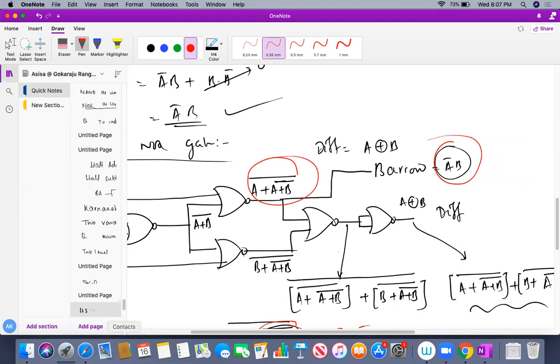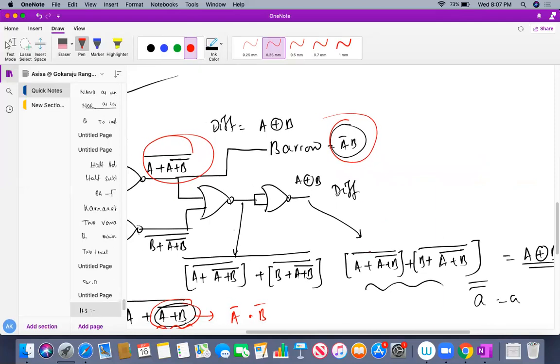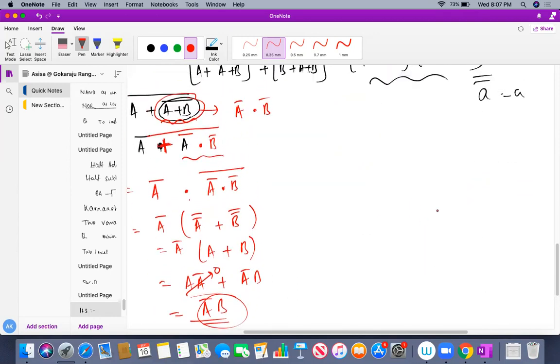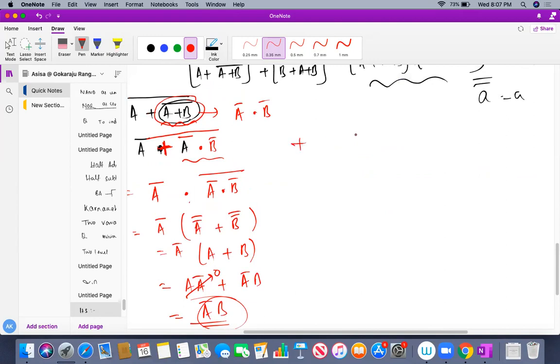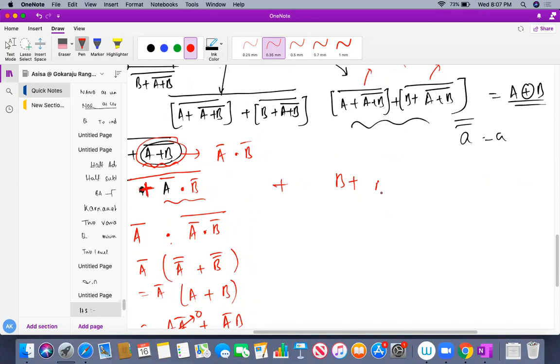Now you can see here. So from this I have got actually A bar B. Am I correct? And from this you will get actually A B bar. Like this, if you do for the same equation, for this I am proving this one, B or A or B bar whole bar.